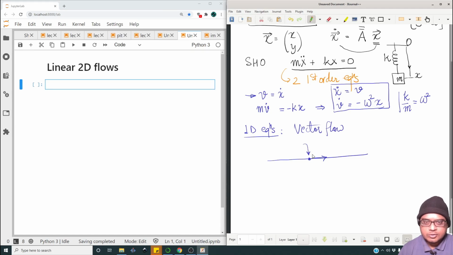If x dot at this location is positive, the particle will tend to move towards the right. If x dot is negative, it will move towards the left. So the vector flow in 1D showed us how points would move on a line, and from that we could see whether various points on the line would be attracted towards a certain point on the number line, or repelled away from it. But in 2D, we now have two dimensions to play with.